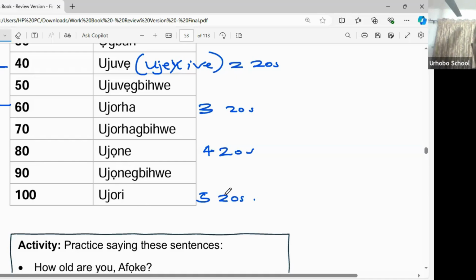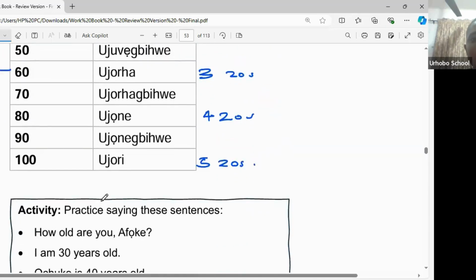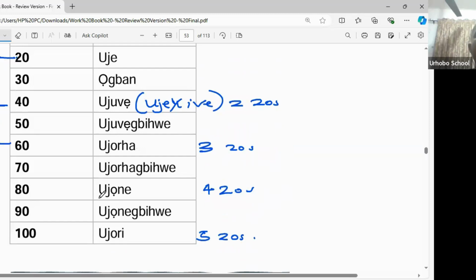Once you know these twenties, you will know the in between. 40 plus 10, 60 plus 10, and 80 plus 10, that is 90.